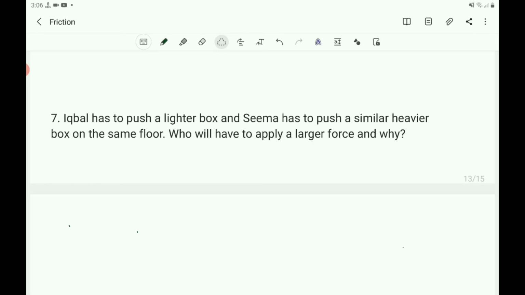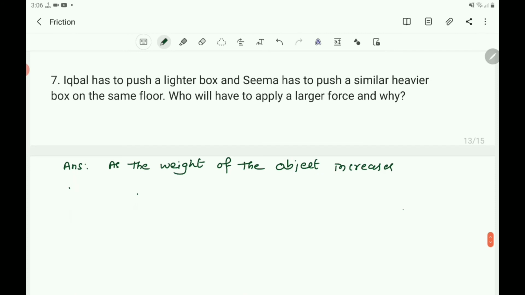So you take the answer here. As the weight of the object increases, pressing against the surface also increases.